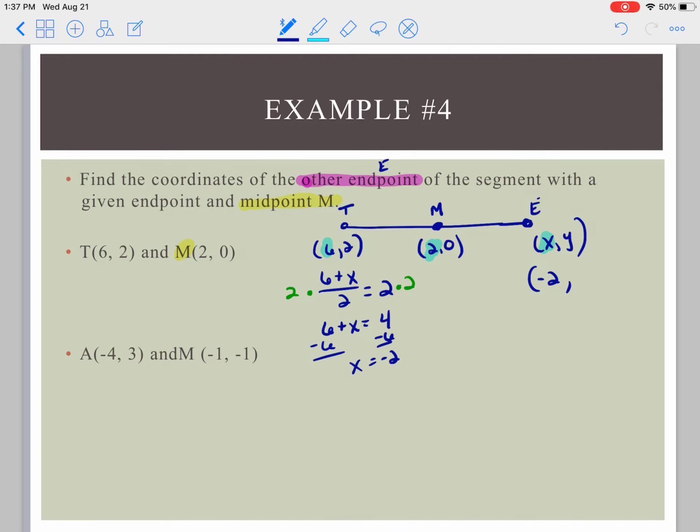Working to solve for the Y coordinate, I know that 2 plus Y, divided by 2, should equal 0. Multiplying both sides by 2, I end up with 2 plus Y is equal to 0. Subtract 2 from both sides, and what do you know?